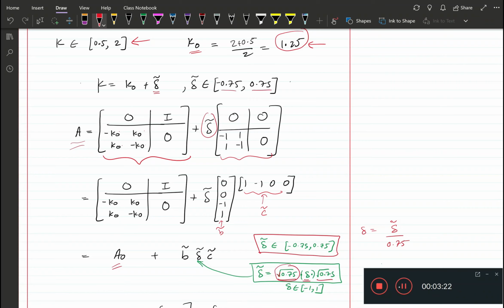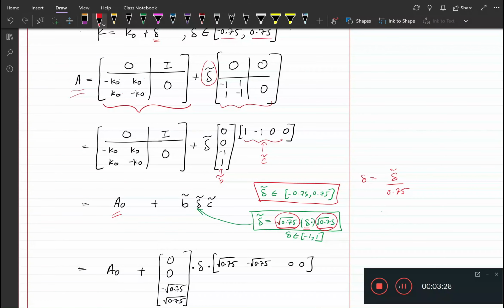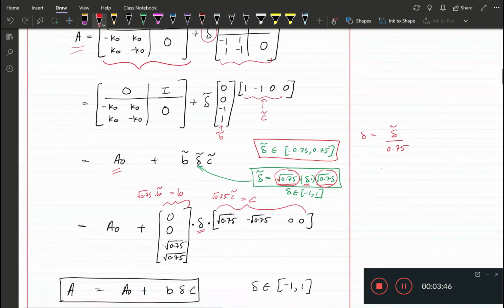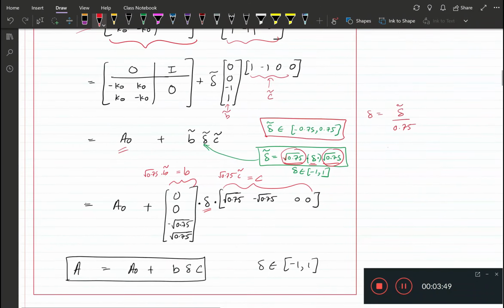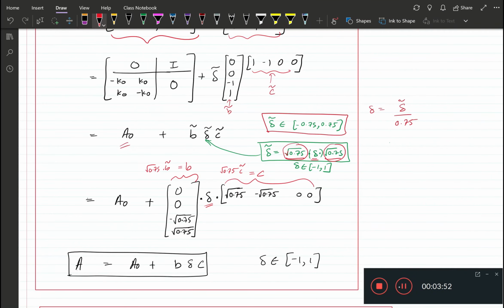Now we can pull these things inside the B tilde and the C tilde to get B and C, which are nothing but square root of 0.75 times C tilde, and B is also square root of 0.75 times B tilde. And now we have a delta which varies between minus 1 and 1. So we have represented A as a constant nominal part plus a column vector B times a row vector C multiplied by delta, which varies between minus 1 and 1.